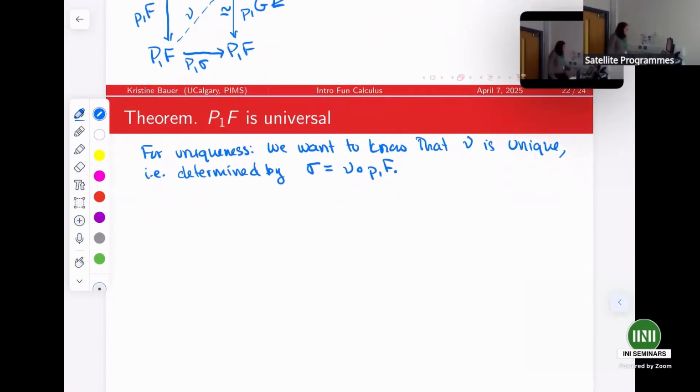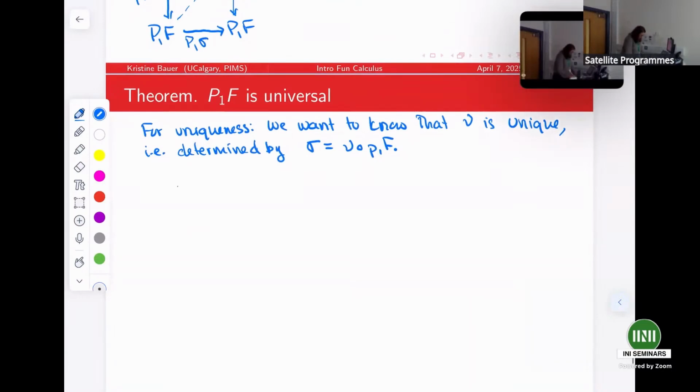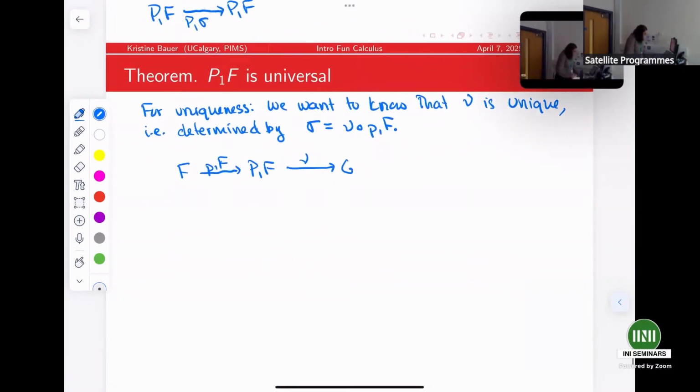Okay. So how do I know that that turns out to be true? Well, let's start with F. We'll form P1F. And here's my natural transformation, new. That was the diagonal of the previous map to G. I'm going to hit this entire thing with the functor P1.